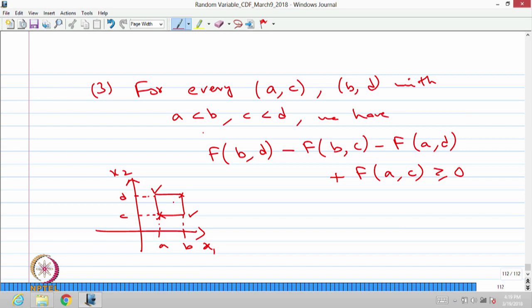So the cross has a positive symbol and the tick mark has a negative symbol. That means f evaluated at b comma d minus f evaluated at a comma d and b comma c with the minus sign, then plus f evaluated at a comma c, that value has to be greater than or equal to 0.